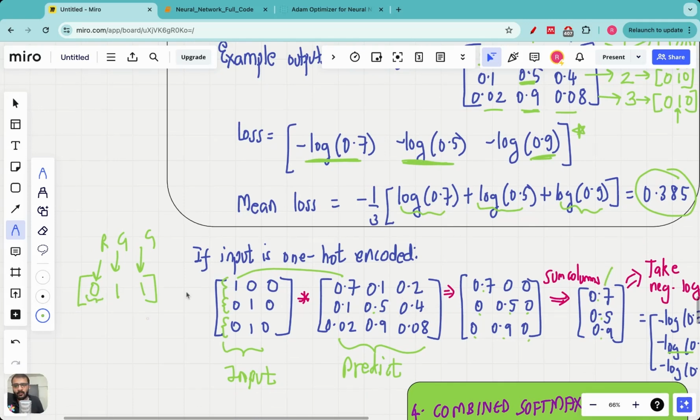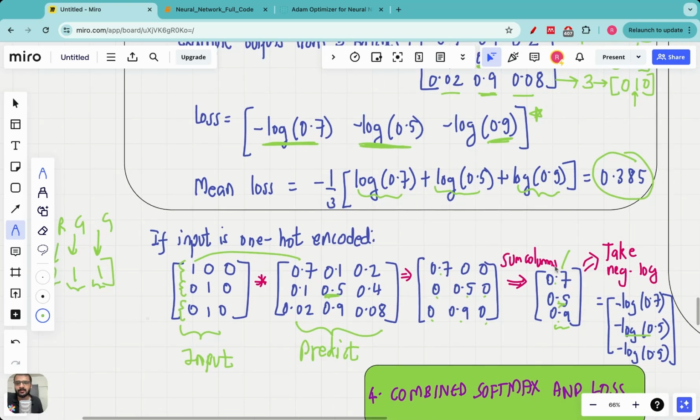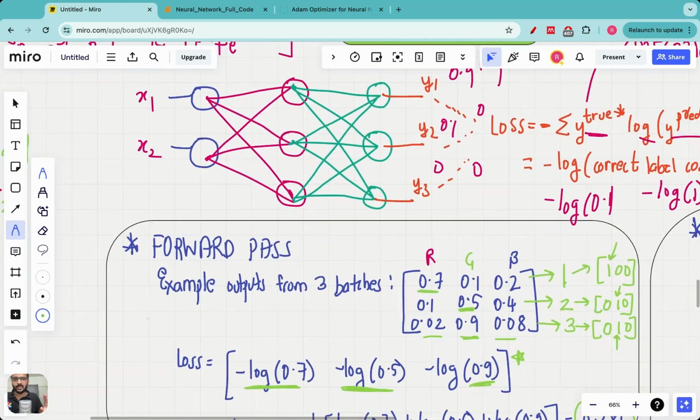For the second row, we'll take the first index, so only 0.5 will survive. And for the third row of the predicted, we'll take the first index, which is 1, so 0.9 will survive. And then again, we'll do the negative log of all of these values. So this is how we'll do the forward pass in the loss function.